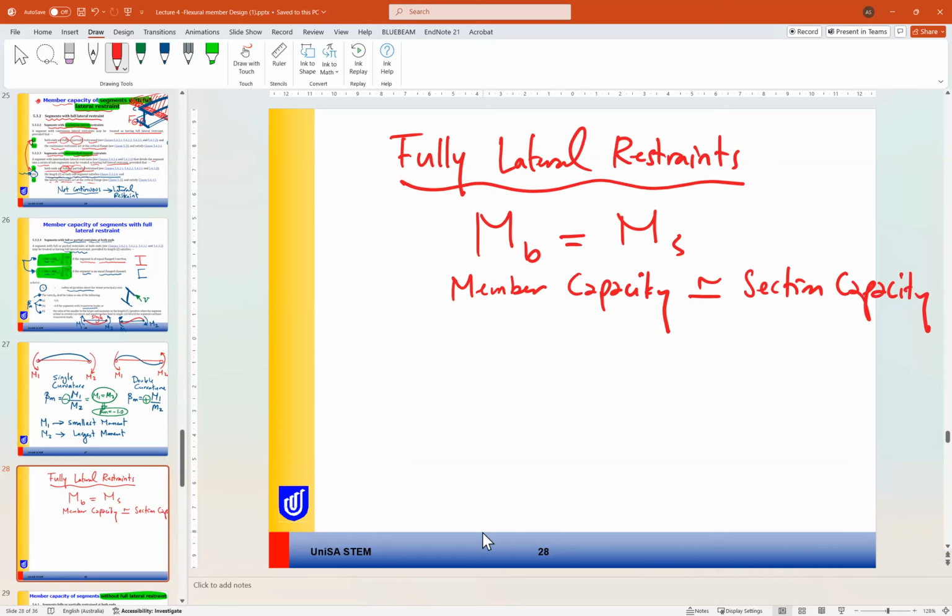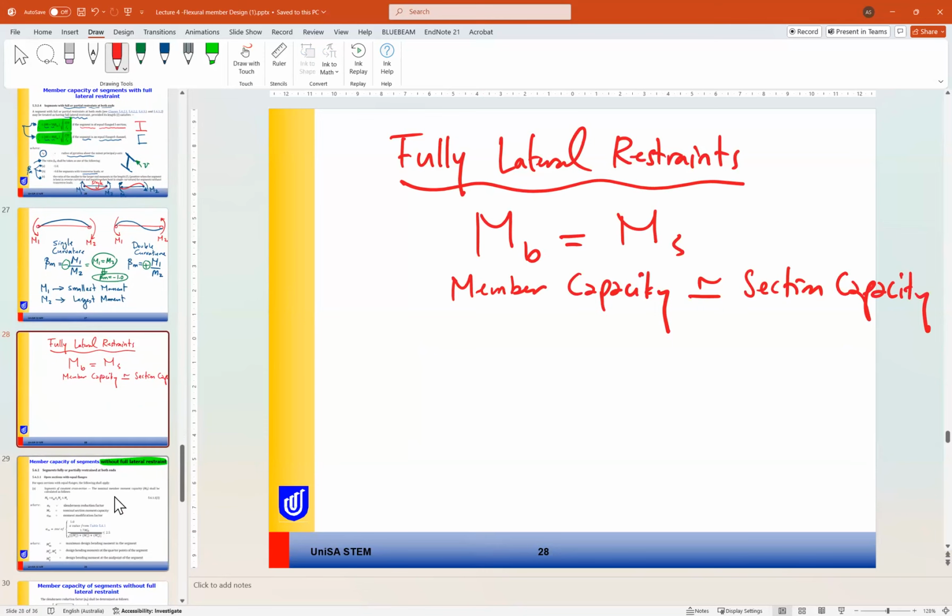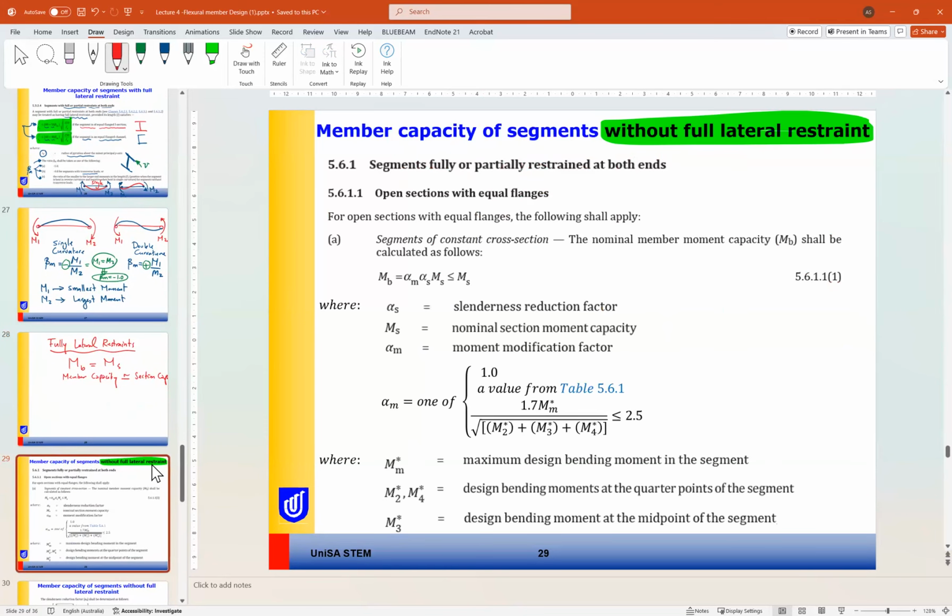This means that we are not expecting global buckling of this member.